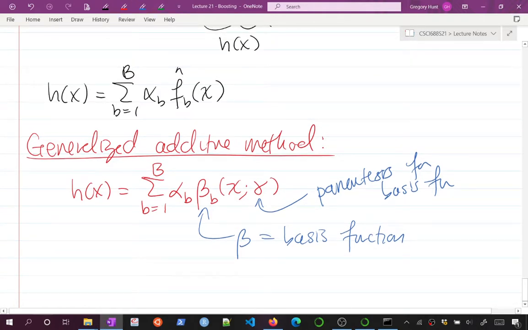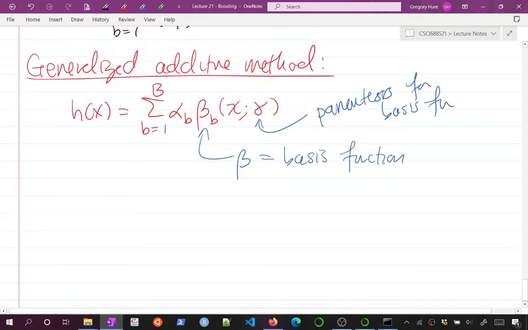In particular, maybe we pick the betas as some trees or some polynomials or whatever. But this is what's called an additive model, where we're modeling, in this case, h by some addition of weighted basis functions. A Taylor series is a way to think about it.